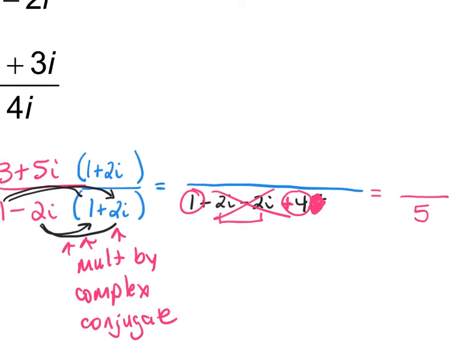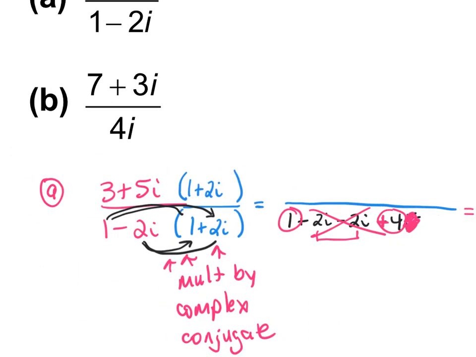So now we just work with the numerator in our multiplication. FOIL it. 3 times 1 is 3. 3 times 2i is 6i. What's 5i times 1? 5i. And what's 5i times 2i? 10i squared.